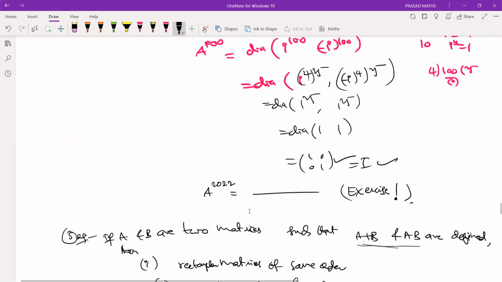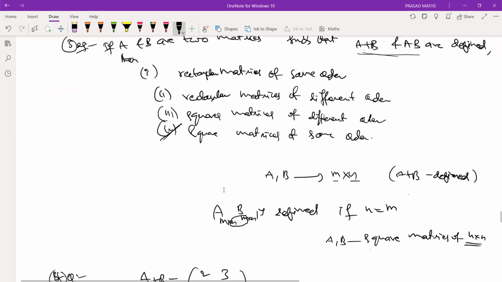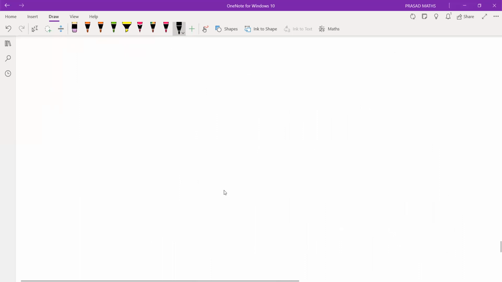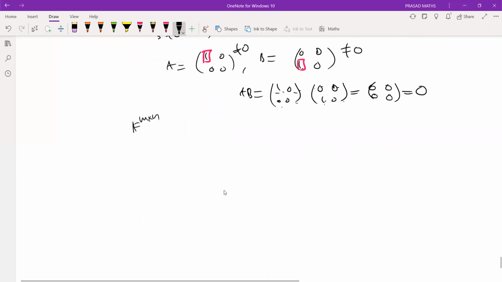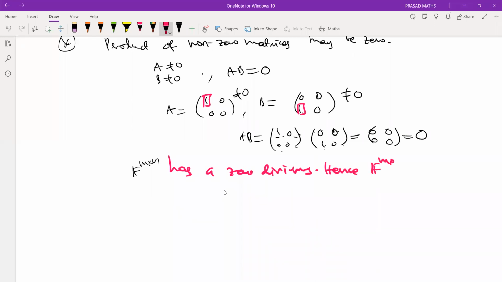The question is: is it an integral domain? The answer is no, because it has zero divisors. This is an example: the product of non-zero matrices may be zero, so it has zero divisors. Hence it is not an integral domain, and hence it is not a field.